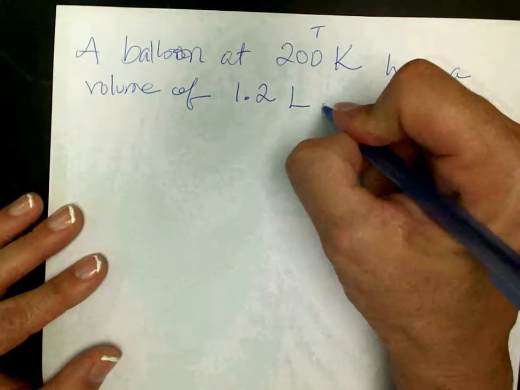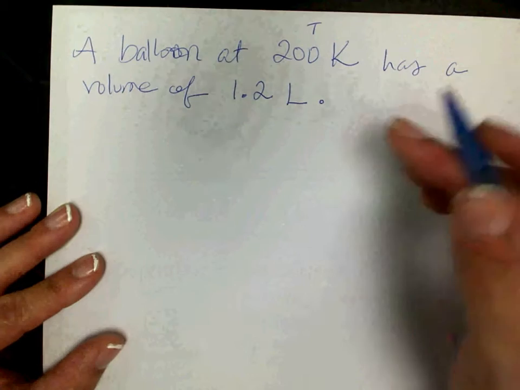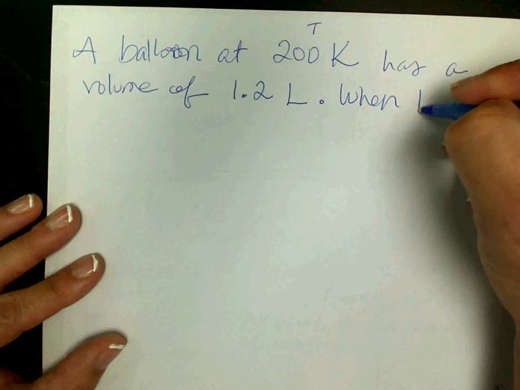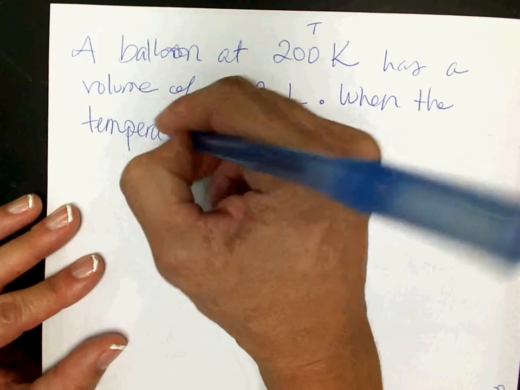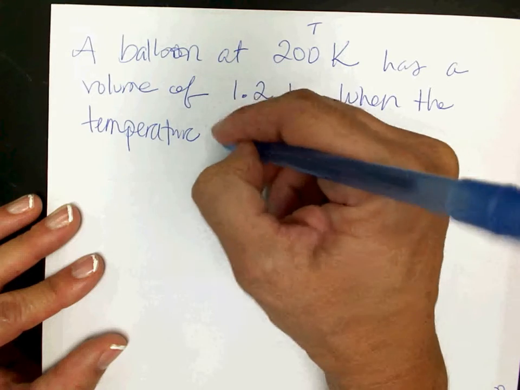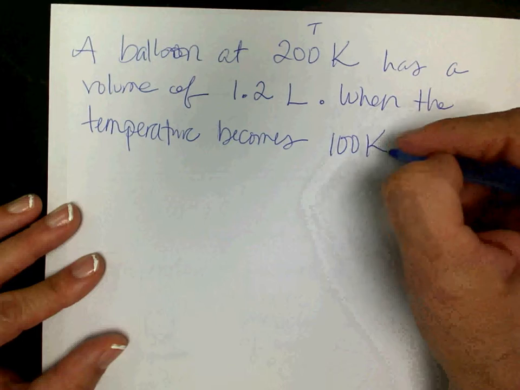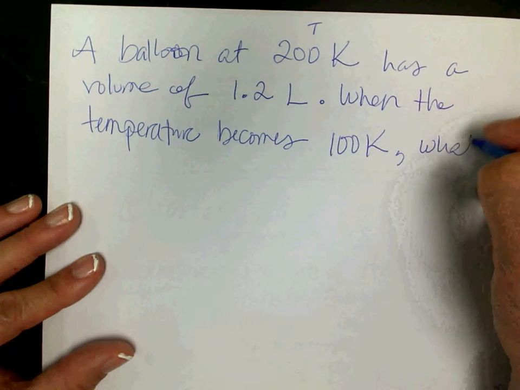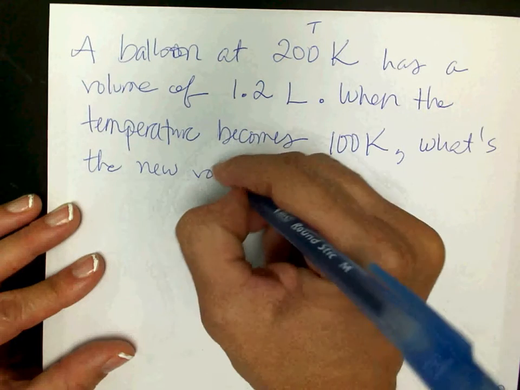All right, do we want to make it colder or warmer? When the temperature changes to what? We want to get colder or warmer? All right, temperature becomes, let's make this an easy one, 100 Kelvin. What's the new volume? Those of you who are pretty snazzy at math can get this.